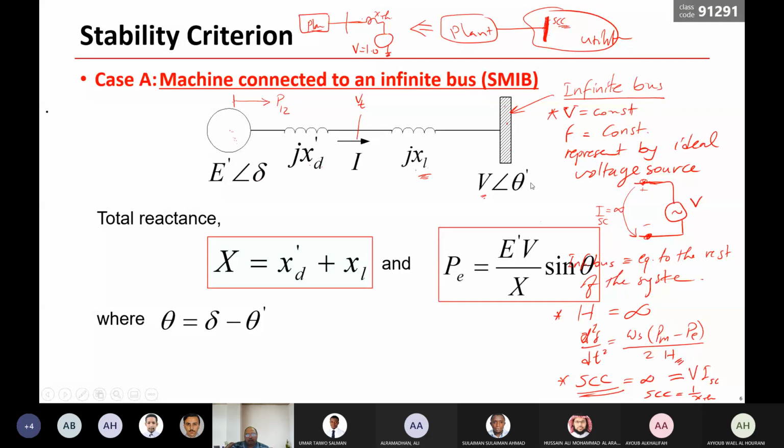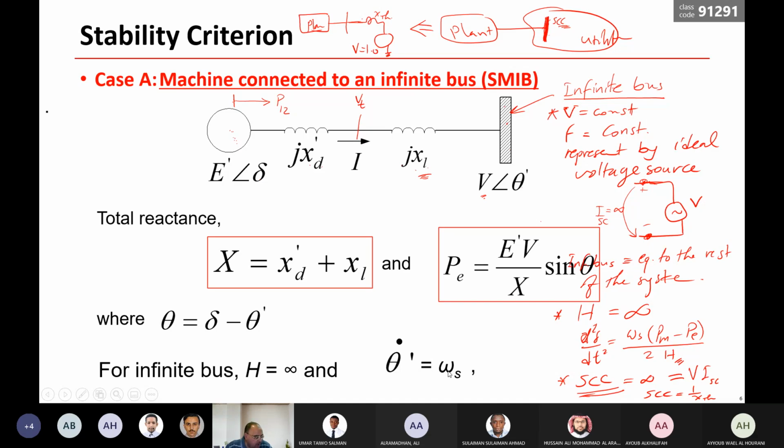For an infinite bus, H is equal to infinity, and the derivative of theta prime is equal to omega s, constant speed.